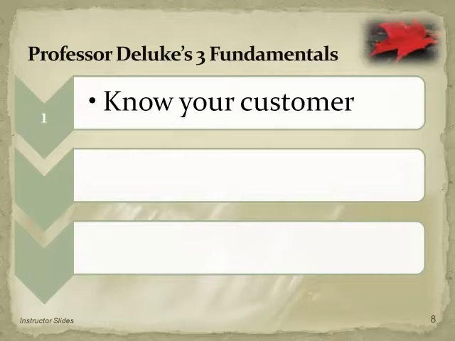Now, the problem is that what customers value and what is important to them will change over time. So what is important to your customer this year may not be exactly the same as what is important next year. So it's important for every company to know their customer, know what's important to them, and to be able to align things so that they are delivering the value their customer is looking for.